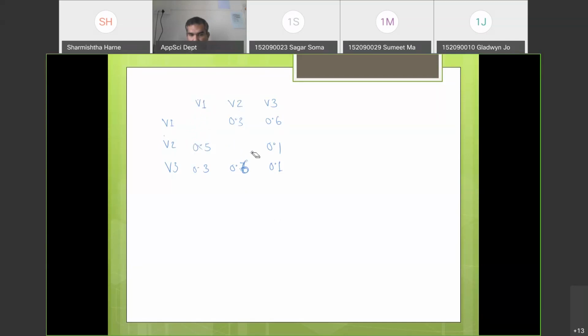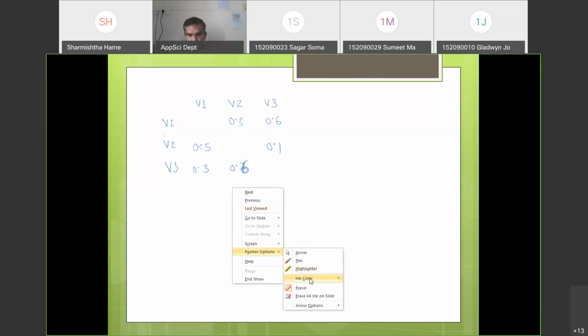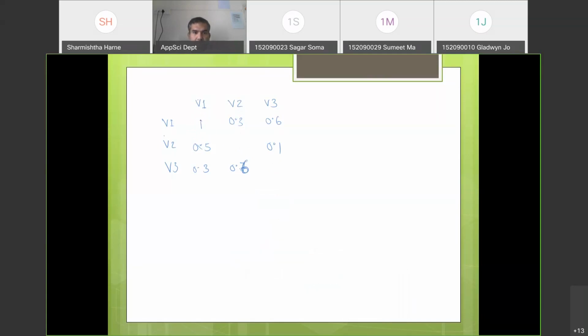V2 with V2 will not be that, V3 with V3 will not be this. It will be 1. Correlation of the variable with itself will be 1. So this diagonal element will be 1. So this is our correlation matrix to begin with.